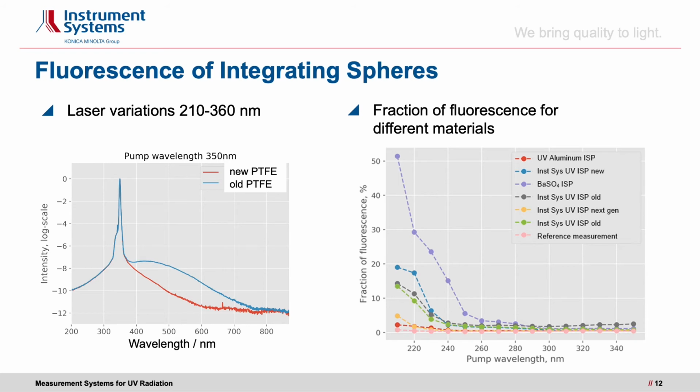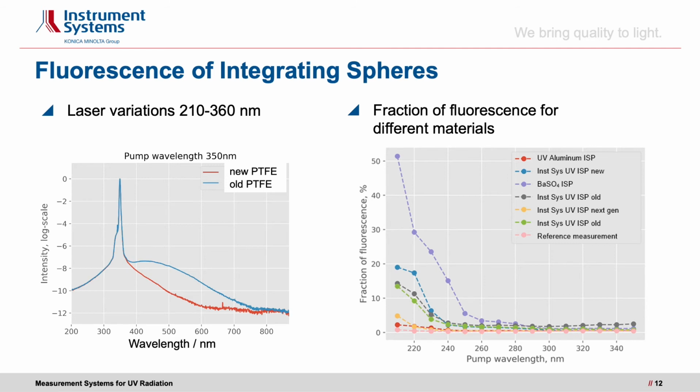But the fluorescence of the integrating sphere can be seen in the entire UV range, using, for example, laser variations in the range between 210 and 316 nanometers. Here, just one example for the pump wavelength at 350 nanometers. We see that the old PTFE material with not so good optical quality has much higher fluorescence than the optically best material.